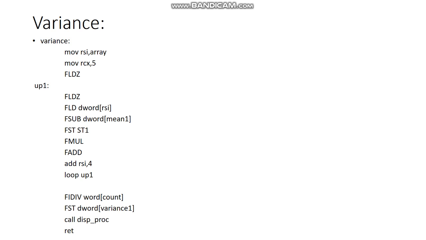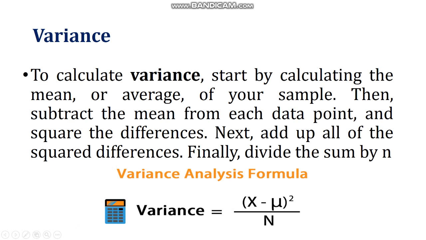Then we are multiplying that value by itself because we have to take the square of the difference. Then we are adding that value with the rest of the data points. That means this loop is executed 5 times because we have taken 5 values. Every time the value is subtracted from the mean and then added. That's why this up1 loop is executed 5 times.